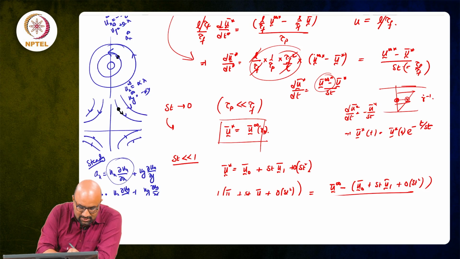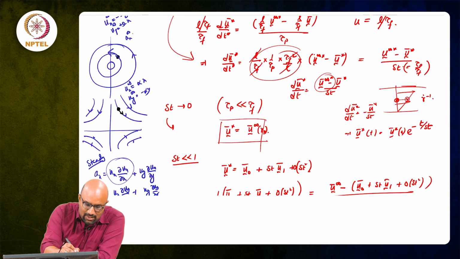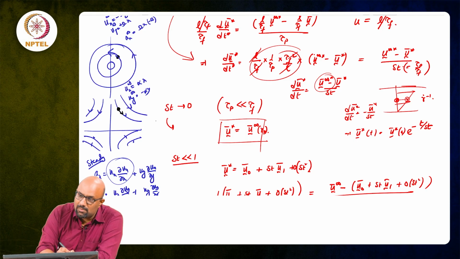The first term is 0, right? Ux doesn't depend on x, ux depends on y, and uy is obviously there. So ax infinity is going to be omega x, and then minus omega.